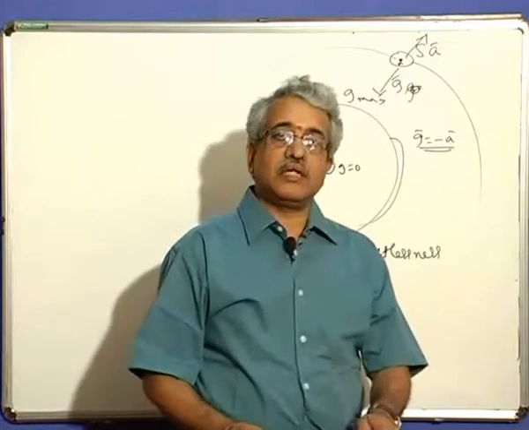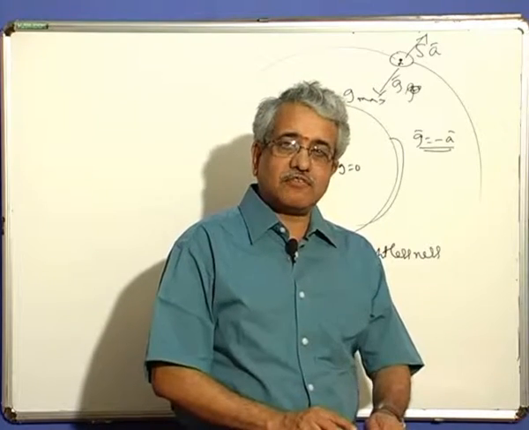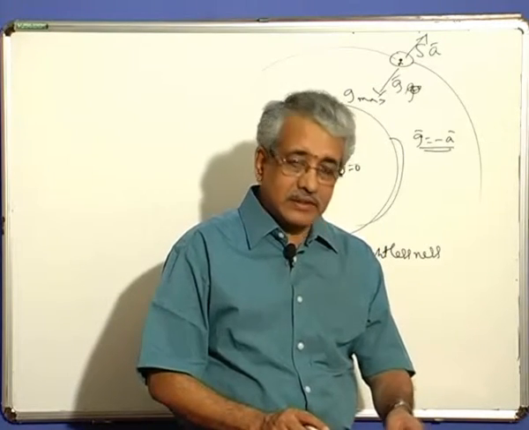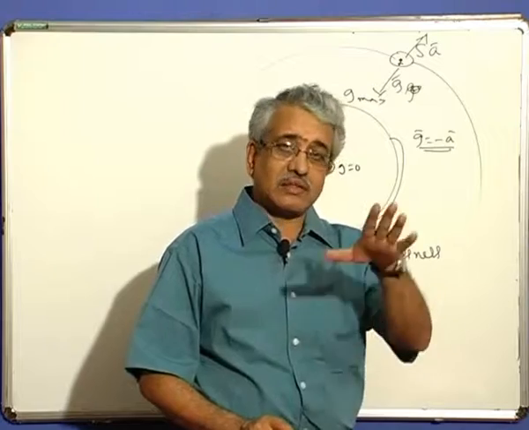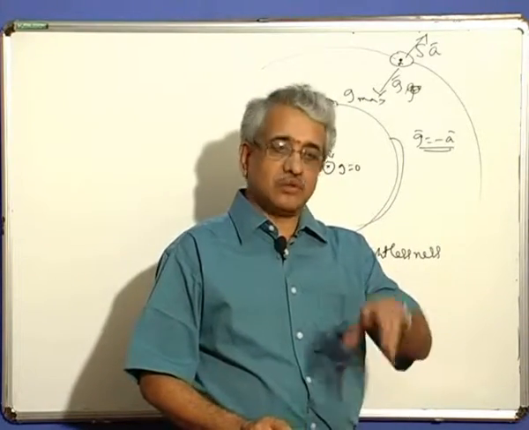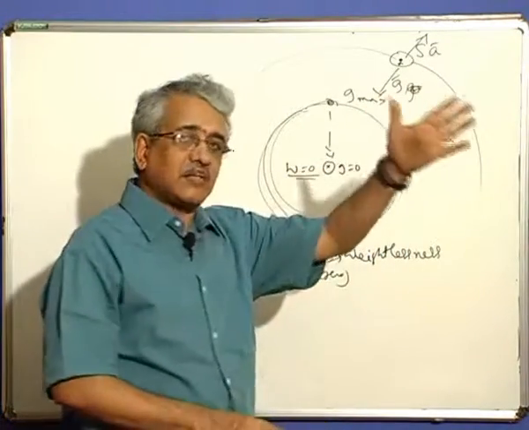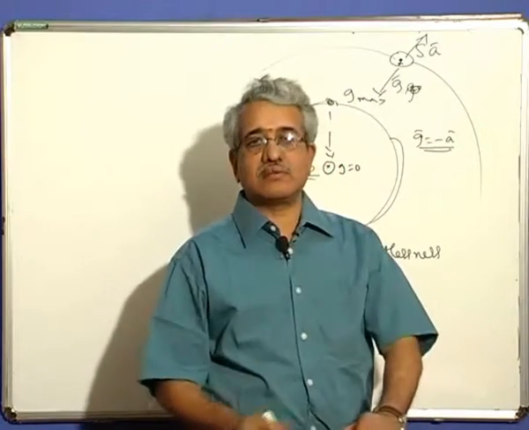So this is the feeling inside the satellite. The question of having a weight or not having a weight depends only on the body and the earth, and the acceleration due to gravity of the earth will decide all this. Whereas there, something else is existing and compensating for that.